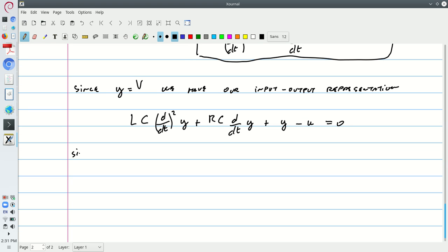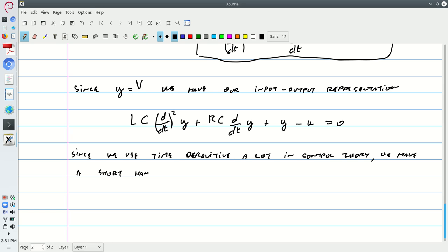Since we use time derivatives a lot in control theory, we have a shorthand notation.